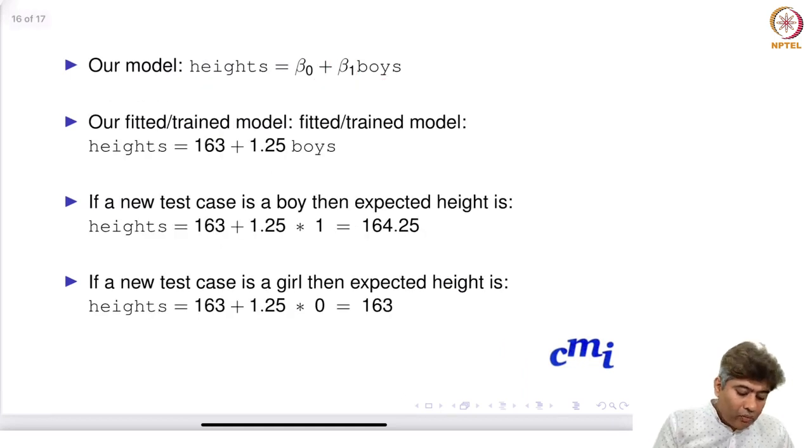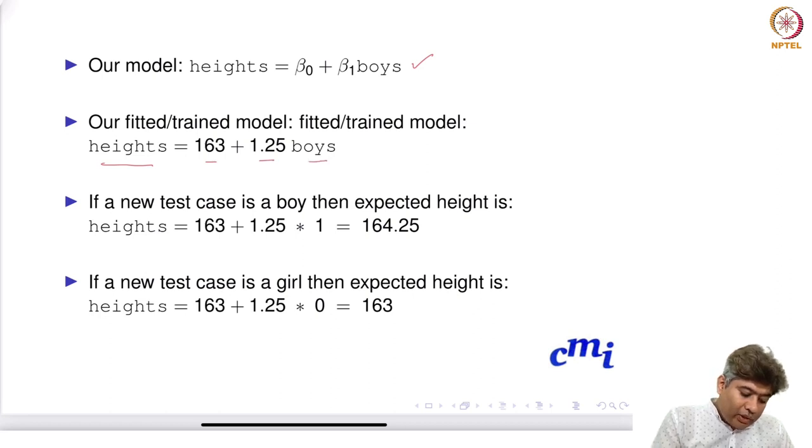Our fitted model is height equal to 163 plus 1.25 times boys.